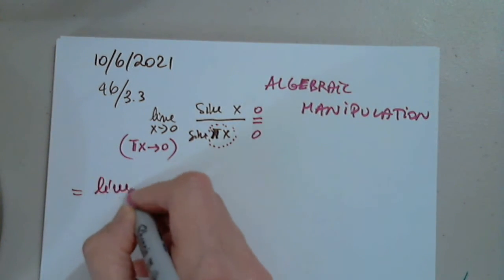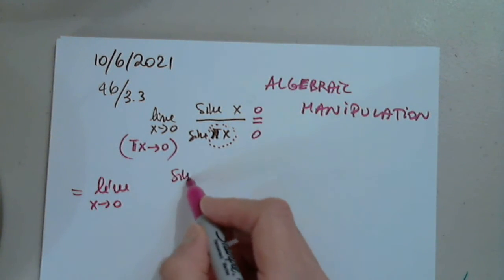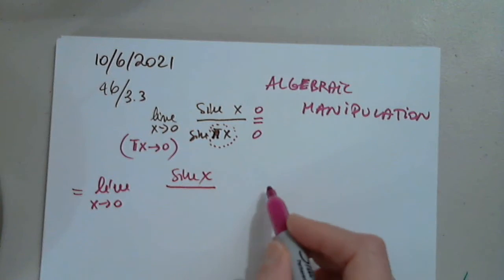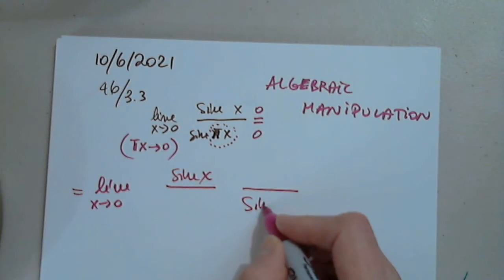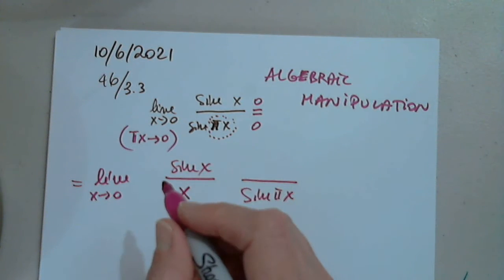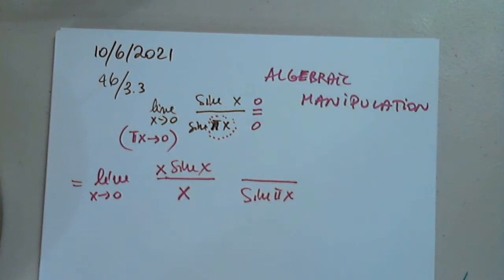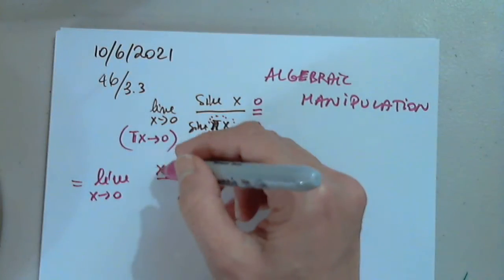So then limit as x approaches 0. So for sine x, in the denominator, I need an x. But I cannot fabricate an x in the denominator. But I can multiply top and bottom by x, because this is 1.